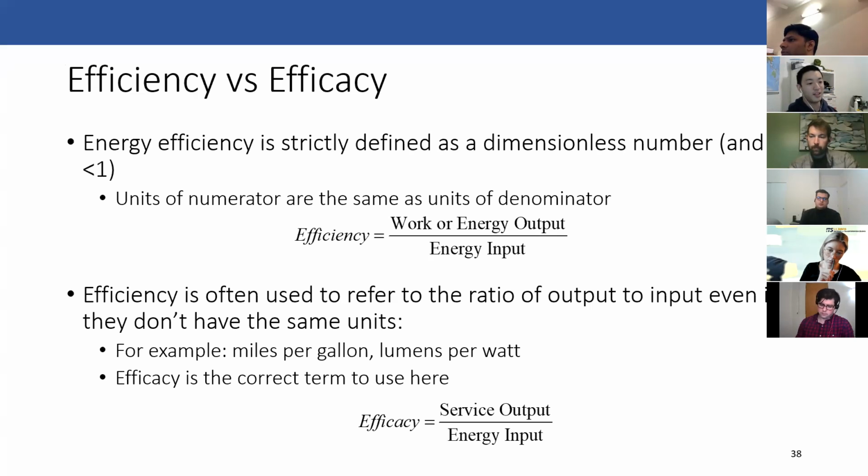So we'll call it efficacy just on this slide to make sure that you guys keep it straight. But from here on out, I'll probably just be calling it efficiency. And that is the service output versus the energy input. And again, those units don't have to be the same, and therefore that leads to numbers that can be greater than 1.